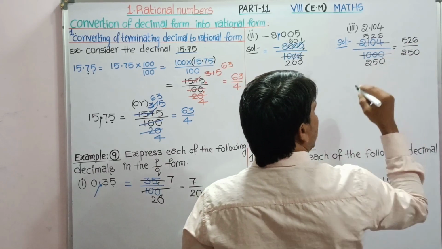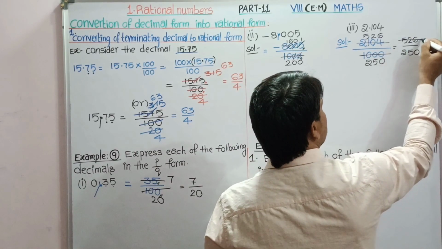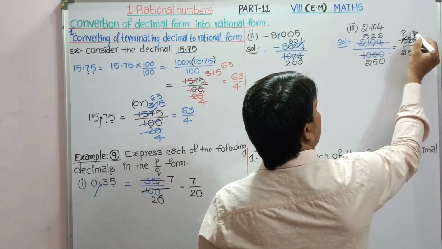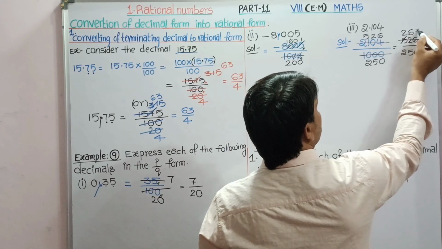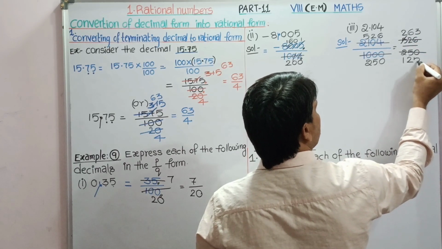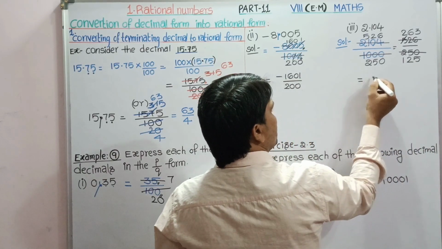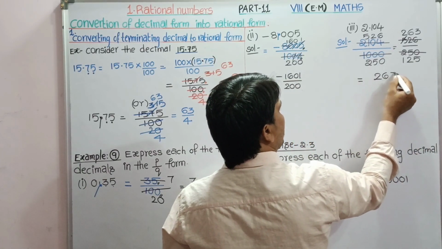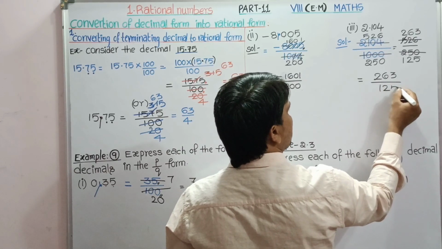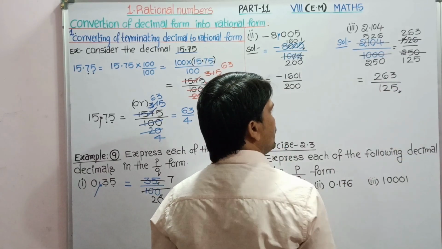But both are again even numbers. By the 2 table we can cancel them. 2 2s are 4, 1 remainder, drop 2, 12. 2 6s are 12. 2 3s are 6. 2 1s are 2, 2 2s are 4, 2 5s are 10. Yes, the rational form or p by q form of 2.104 is 263 by 125.